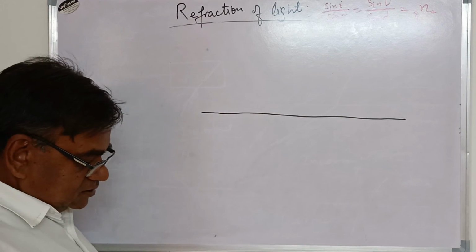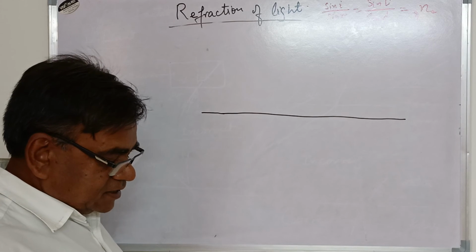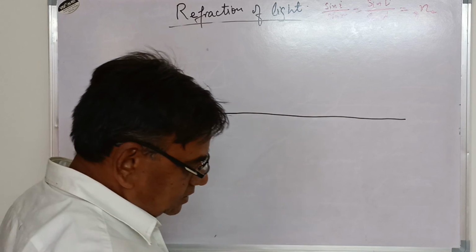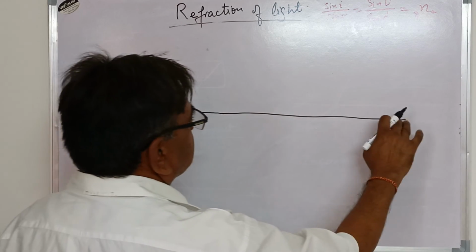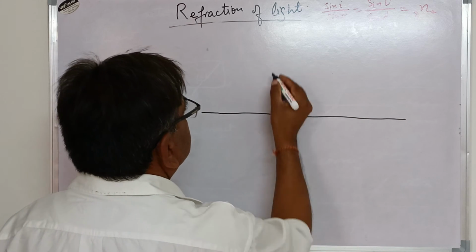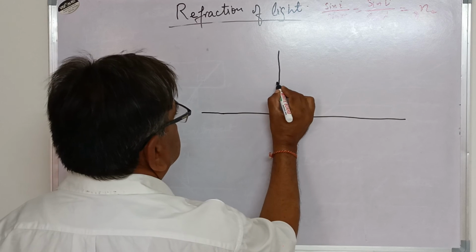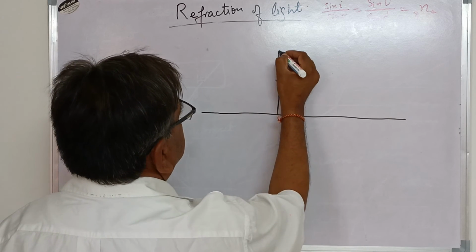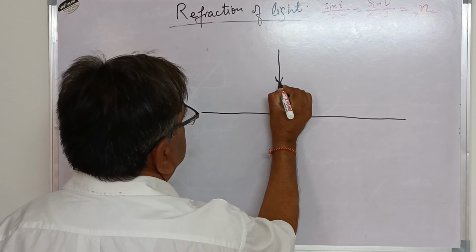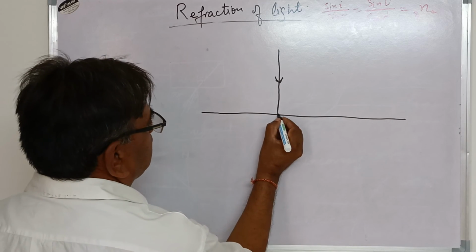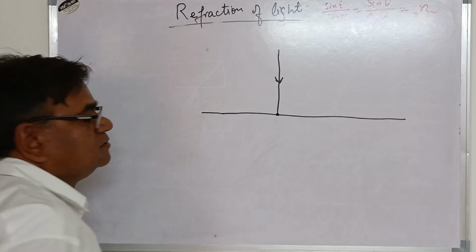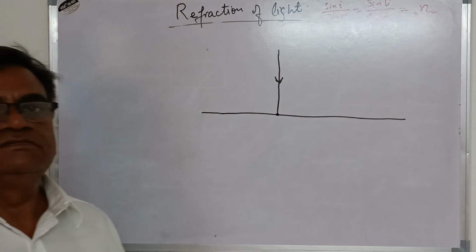Naturally, the water surface will be horizontal, and a vertical ray strikes. This is the incident ray coming and striking at this point. This is the boundary. What happens?